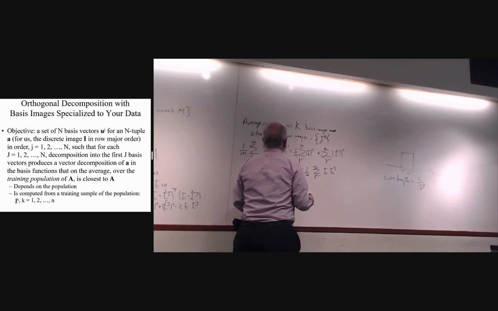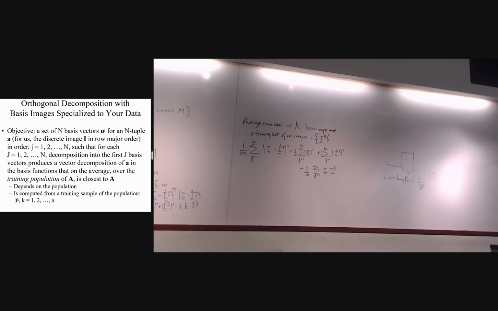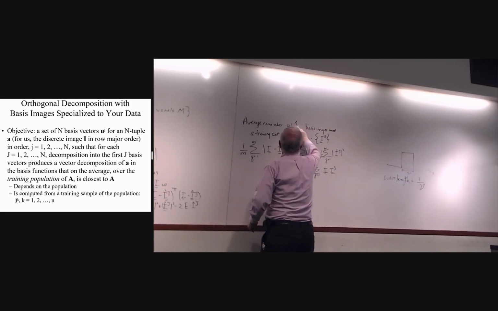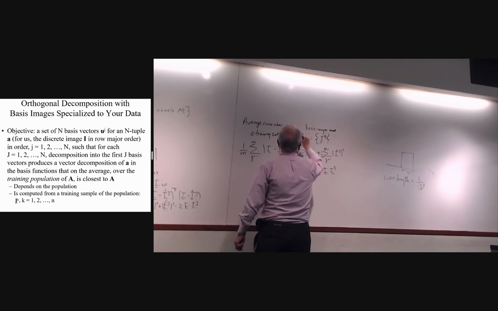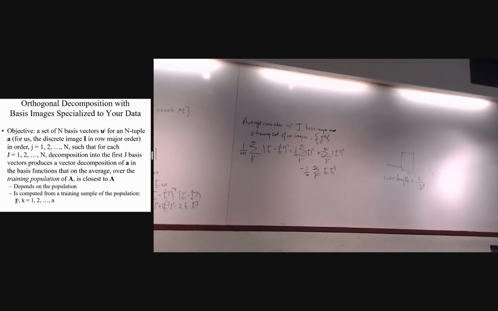Let's call it capital K, basis of capital K. Sorry, I was right the first time. Okay, so now we have a full set of basis images, but we're only using capital J of them, right? Because that's how our approximation is going to work.